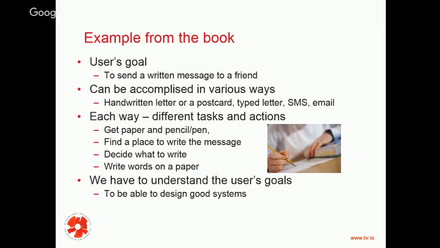And then there are, of course, different tasks and actions. If you're writing a handwritten letter, you have to get the paper and pencil, and then find a place to write the message and decide what to write, and write the words.